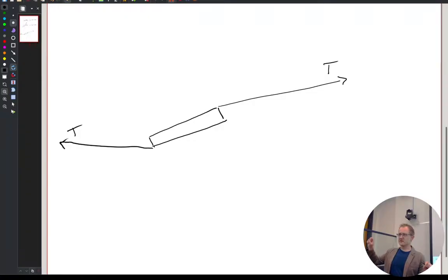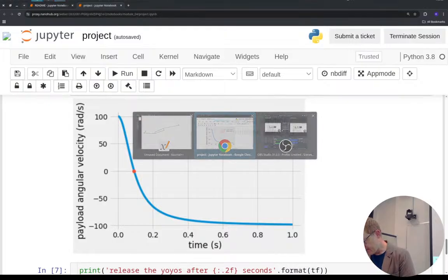Those yo-yos are creating a torque on it to slow it down. Initially it is going this way, but if you keep applying a torque, then you'll start rotating the other way too. It isn't a constant torque, but it's a non-zero torque, and any torque is going to create angular acceleration. That's another way of thinking about it.